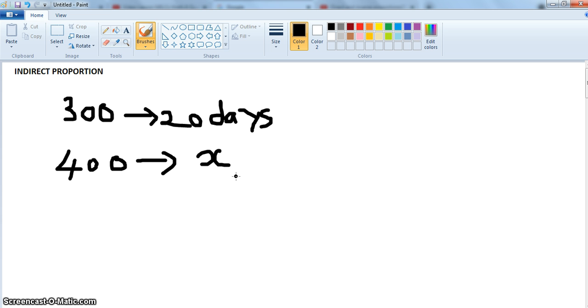So how do we solve such a problem? Here is how you do it. We want to find x. So you're going to take this 400 and multiply it with x. So you say 400 times x, which becomes 400x equals, then you do 300 times 20.